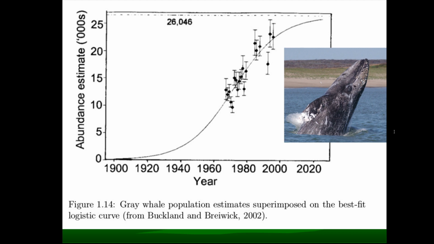It's not known with certainty what the density dependent factors are for the gray whale population in limiting it to this carrying capacity. It could be the feeding grounds, food resources in the northern Arctic region, or it could be habitat for calving in the winter time down in Mexico.